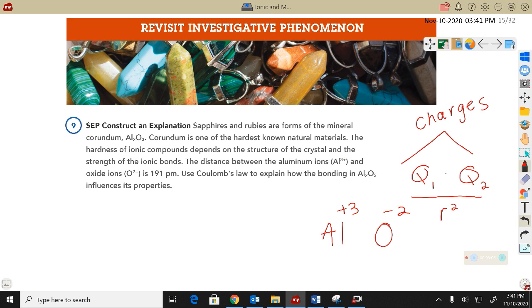Then number 2, the second thing we look at, R in the bottom, is the radius, and that refers to the size of the atom or the size of the ions. Okay, so here I'm looking at aluminum and oxygen. Aluminum has 13 electrons.